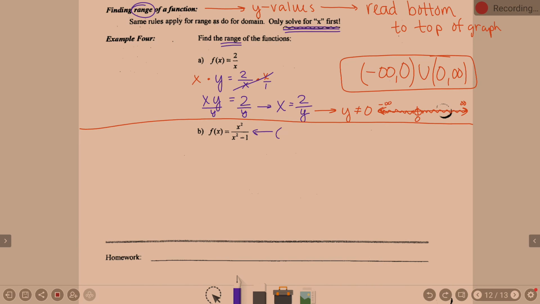And we're going to practice reading the graph from bottom to top. Okay, x squared over x squared minus 1. Kind of crazy.